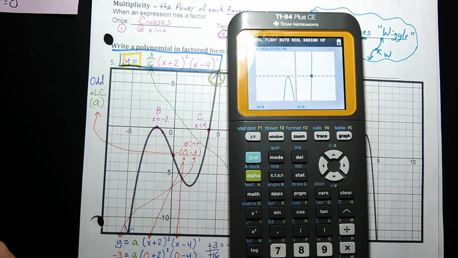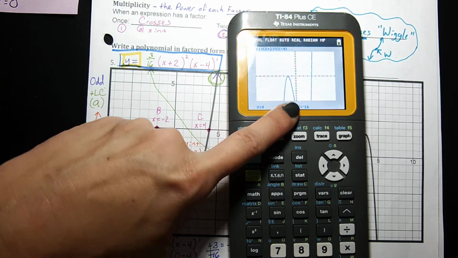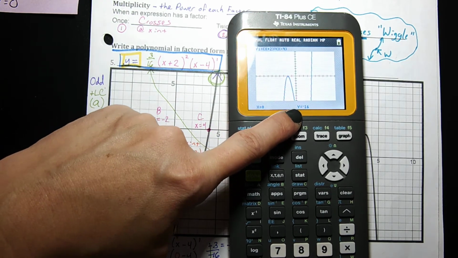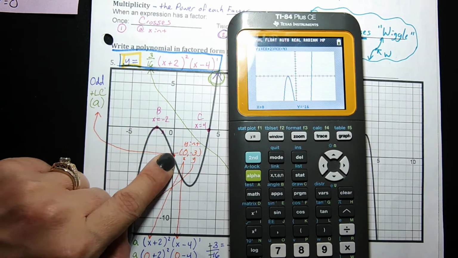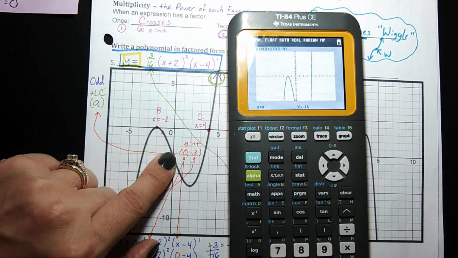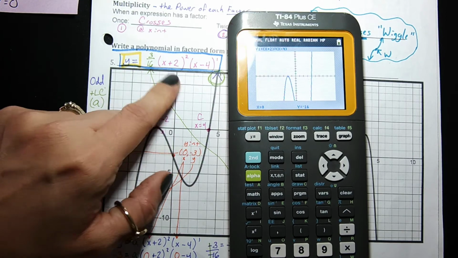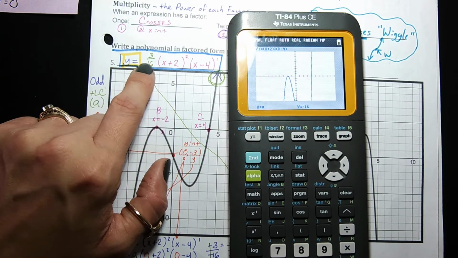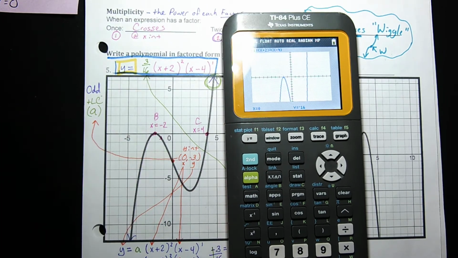But look at what happens if I type in 0. This says that my y-intercept for this graph is -16. And is that correct? No, it is not. So I have to have this a value here because that is accurately what describes the x-intercepts, the y-intercept, and the relationship graphically.